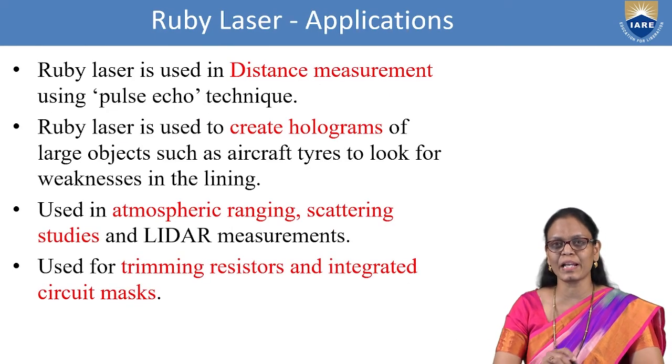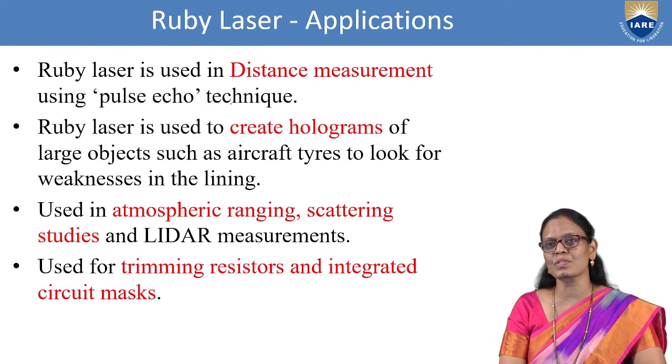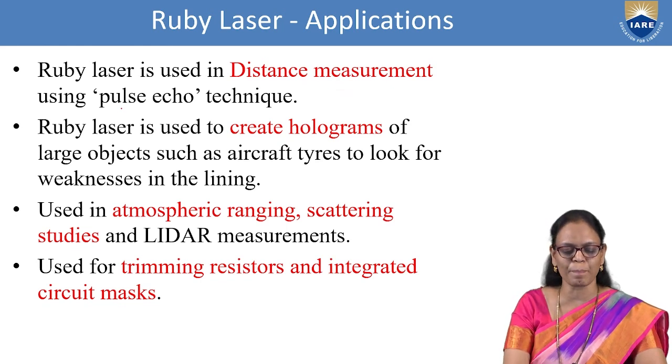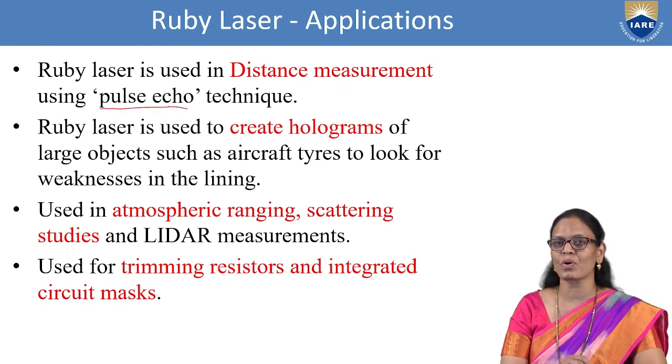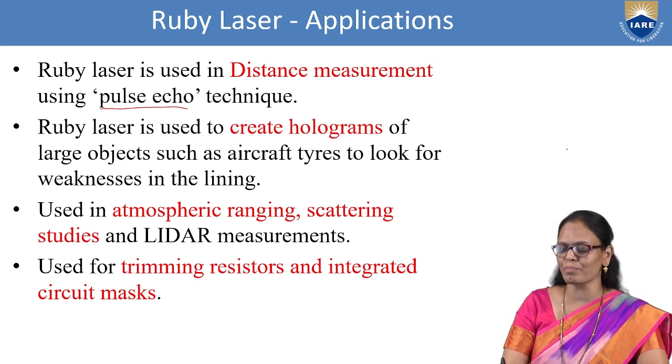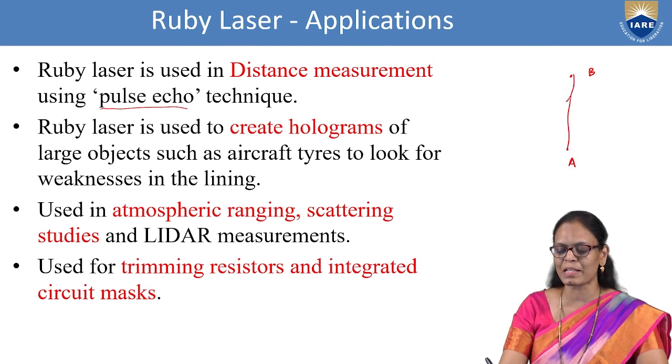Now coming to applications, the ruby laser is used in distance measurement using the pulse echo technique. Suppose I want to measure the distance from point A to point B. I will send a laser pulse from point A, and we will receive an echo after that.